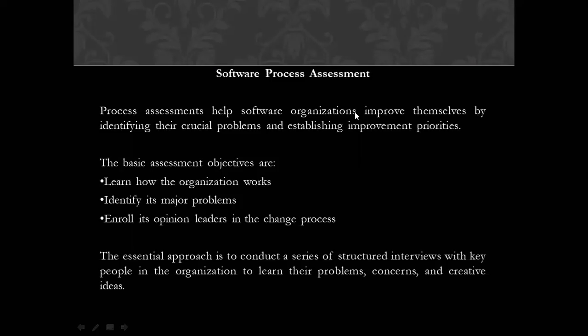So I have told you two terms till now: first one is preparation, second one is assessment. The third phase, or third important term, that you have to remember in software process assessment is recommendations. What are recommendations? Final recommendations which come as the outcome of the software process assessment.